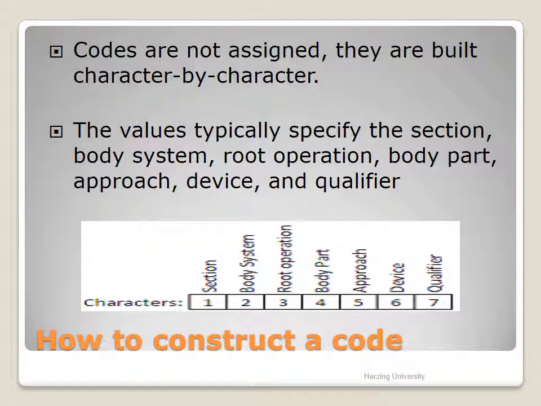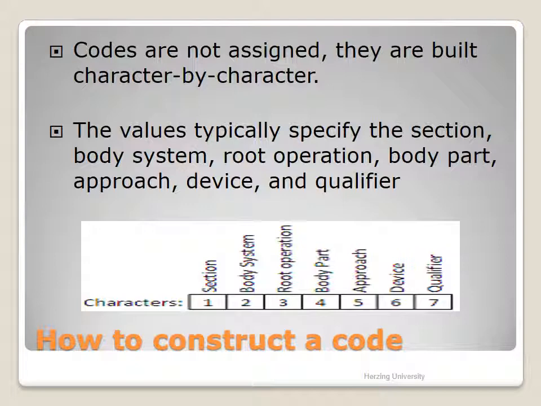In ICD-9 CM procedure coding, Volume 3, a coder would go to the Volume 3 index, look up the description of the surgical procedure performed, and then go to the code and assign the code. In ICD-10 PCS, codes are not assigned.